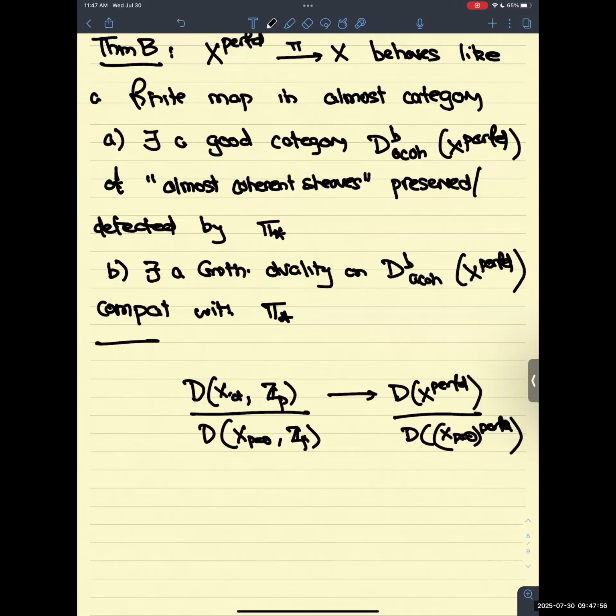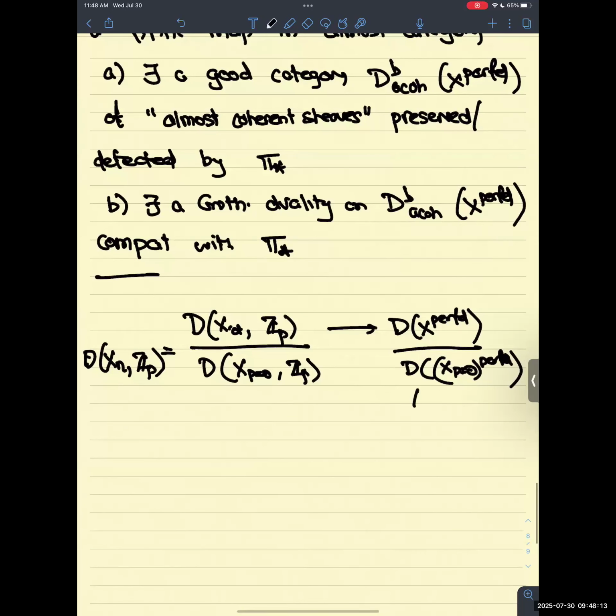And since the functor is compatible with proper push forwards, I get a functor on induced categories like this. And so on the left-hand side, this is just another name for sheaves on the generic fiber. X eta stands for the generic fiber. And the right-hand side, I had told you that this was by definition the almost category of X perfed.